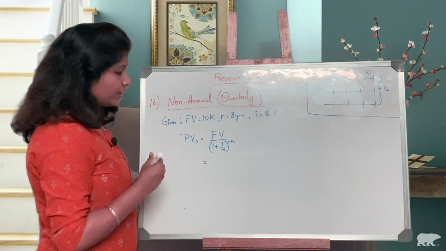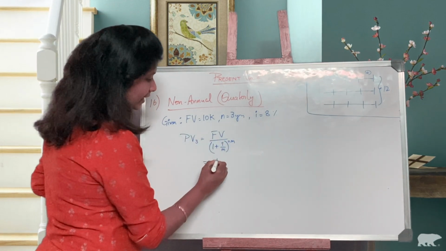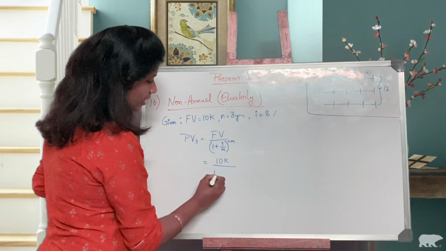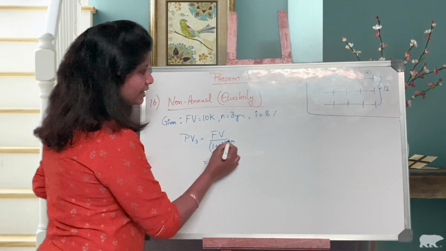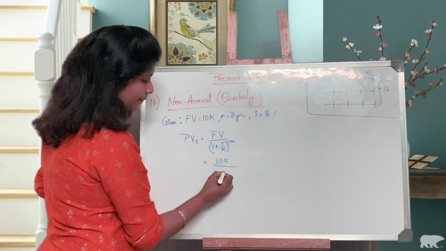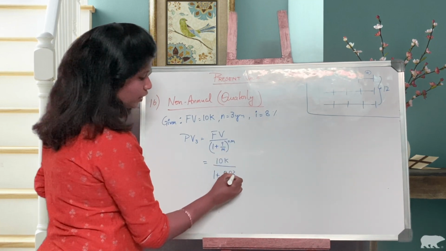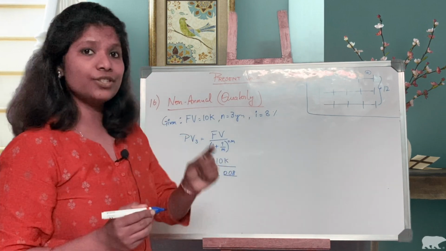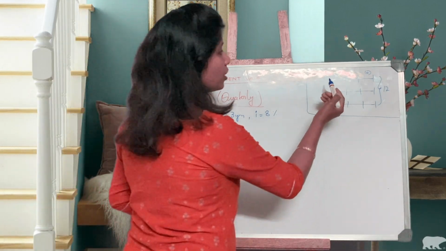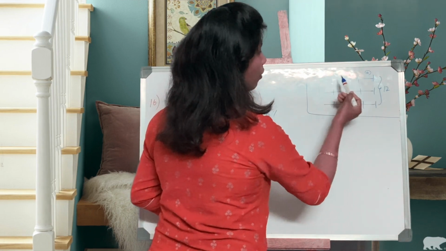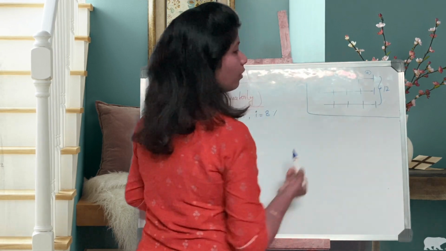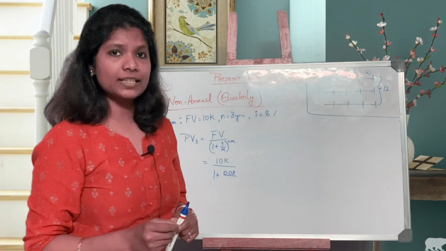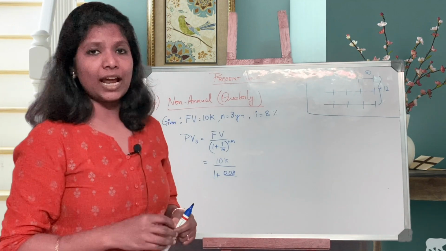Now let's solve. The future value is 10,000 divided by 1 plus I, which is 8%, 0.08, divided by how many times are you receiving the interest in a year? In a year you are receiving 4 times: 1, 2, 3, 4. Since there are 4 quarters in 1 year, you will be receiving the interest 4 times a year.